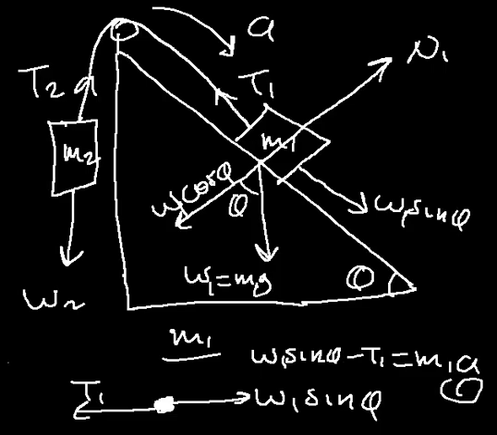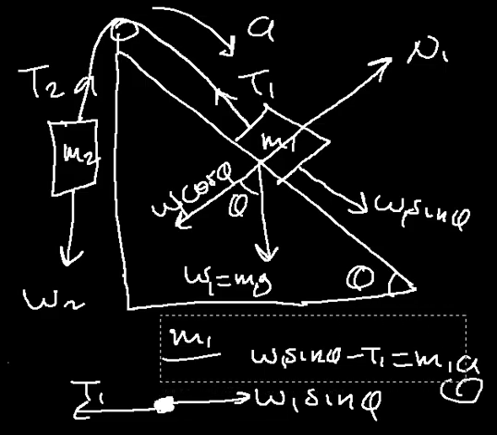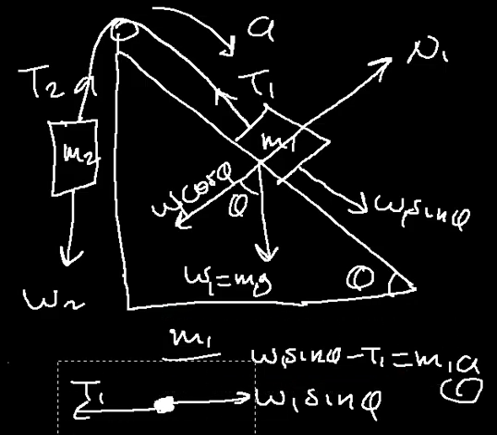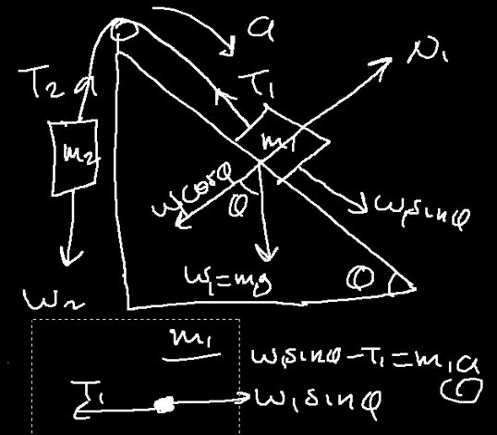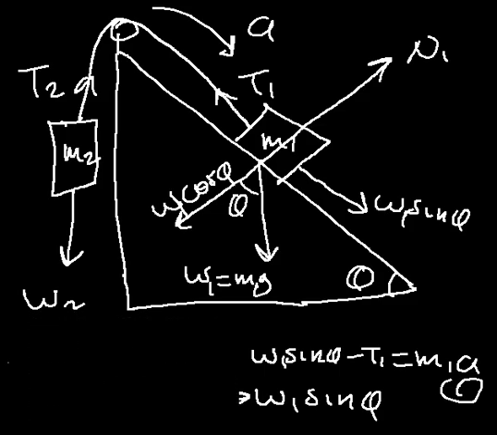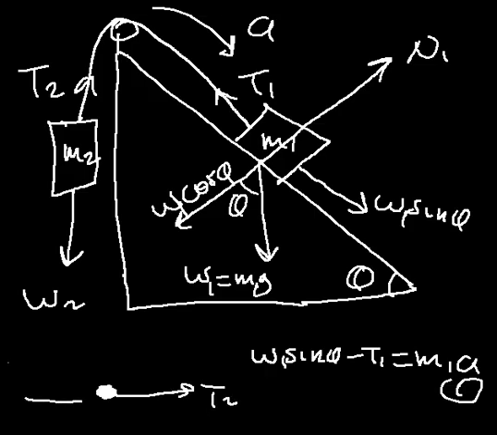And how about object 2? What is the free body diagram for that case? What is the force acting in the direction of the motion? We have the tension force T2 acting like that, and we have the weight of the object, which is W2.